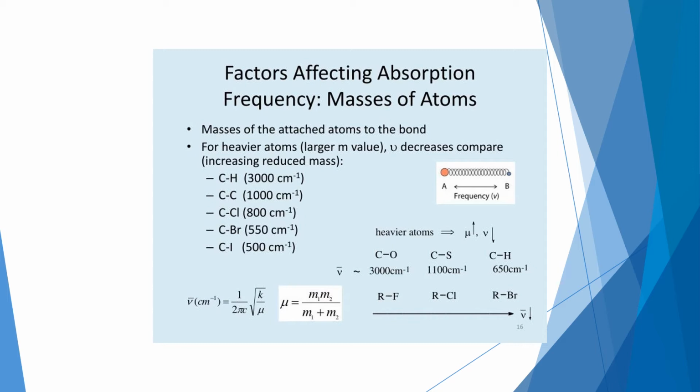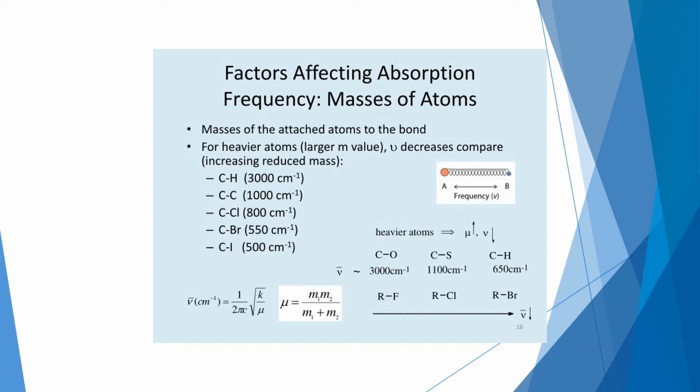So the mass of atom affects the absorption frequency, and here we can see that the reduced mass is in the denominator. That means as the reduced mass increases, the absorption frequency decreases, or as the reduced mass decreases, the absorption frequency increases.